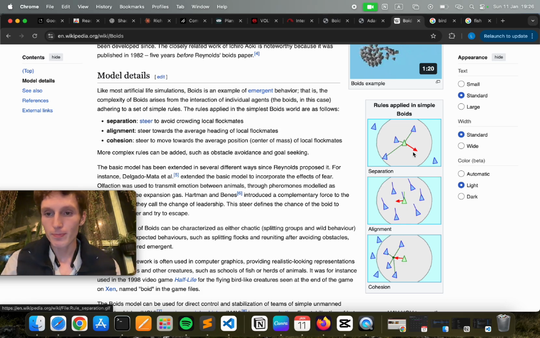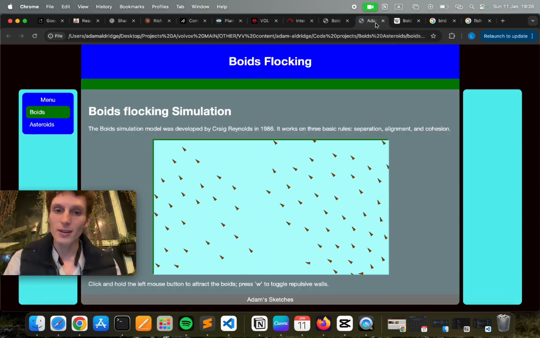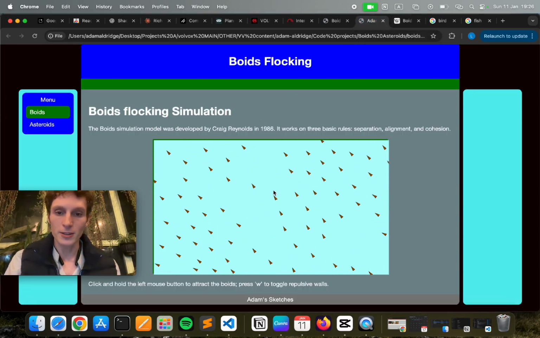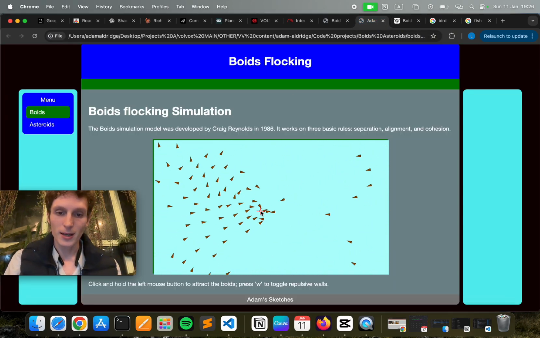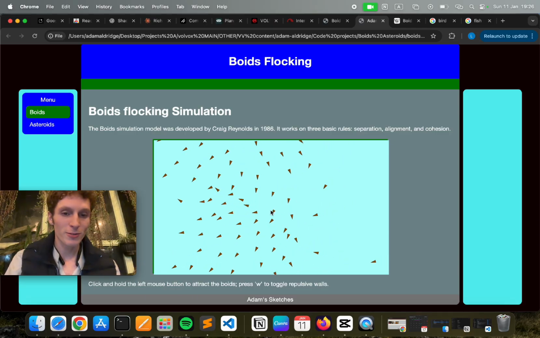Okay, so it's kind of interesting. There's a force pushing it away from the other agents, a force moving it towards the other agents, and then some alignment. Okay, so here's an example that I coded up back in 2019 before AI.